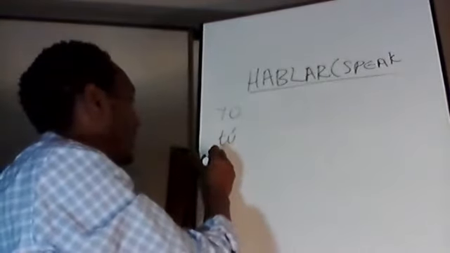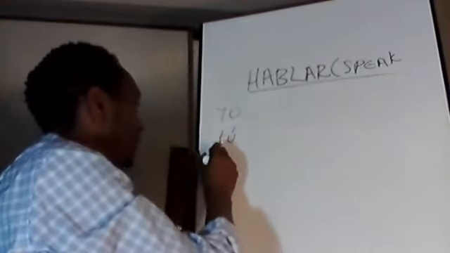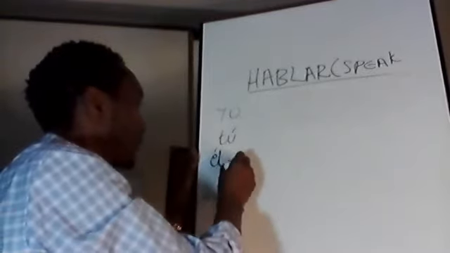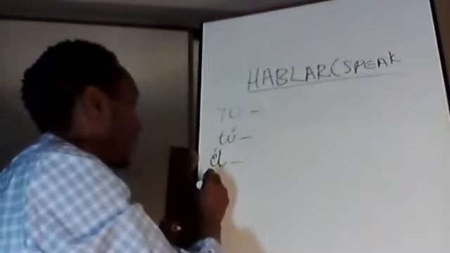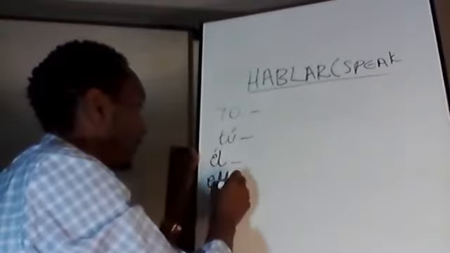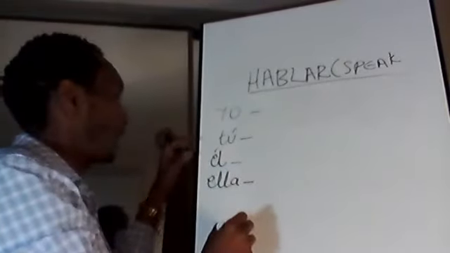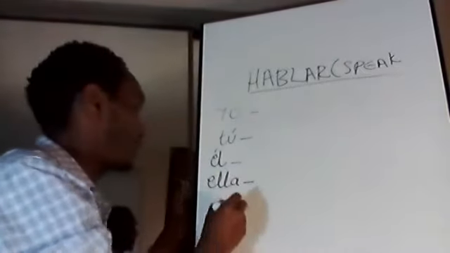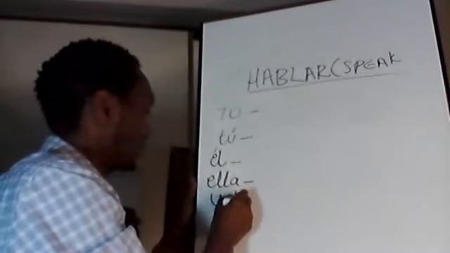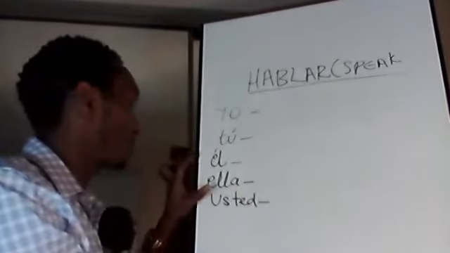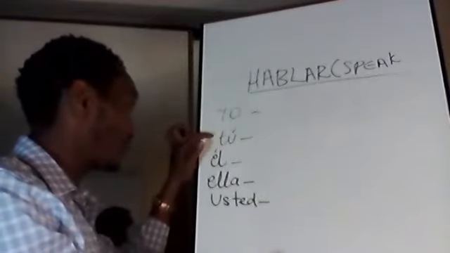Then we have the third person singular, él, which is him. Then we also have ella, which is her. Now, him and her, even in English, they go together. Then we have usted, which is also you. And I'm going to give the differences in the upcoming video. This is you informal, and this is you formal.